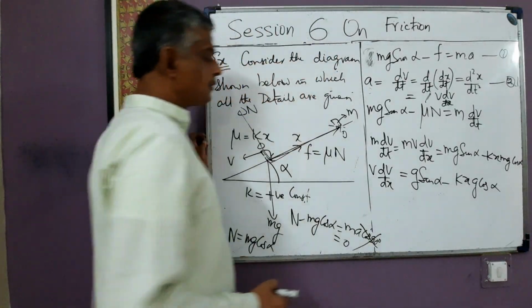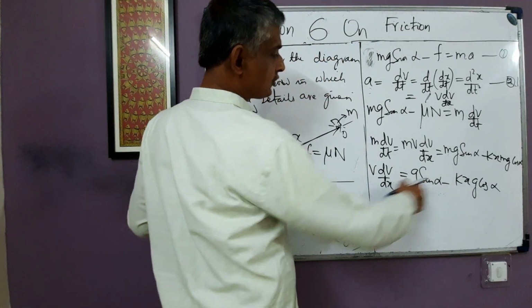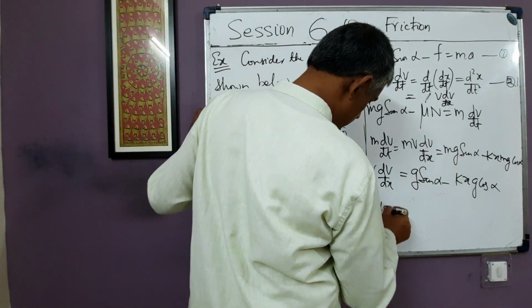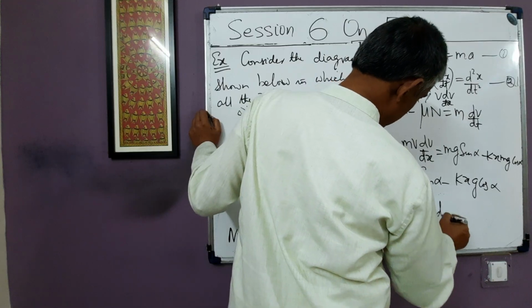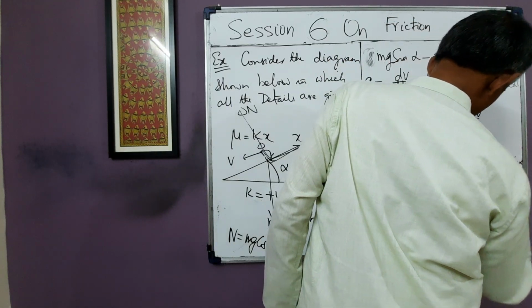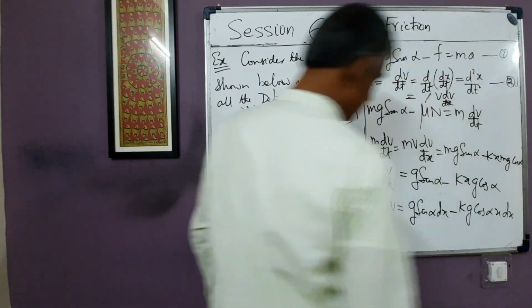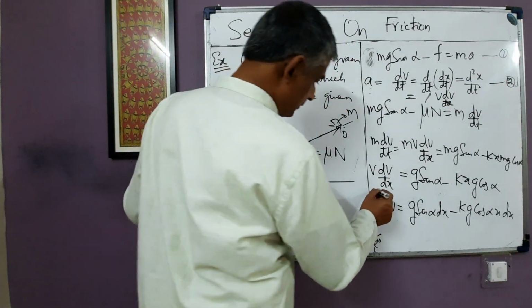Suppose the block moves a distance L before coming to rest. So I shift dx to the other side. I get v dv equal to g sin alpha dx minus kg cos alpha x dx.